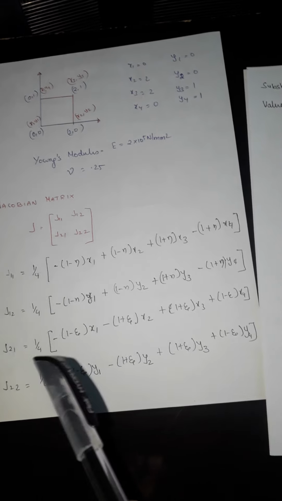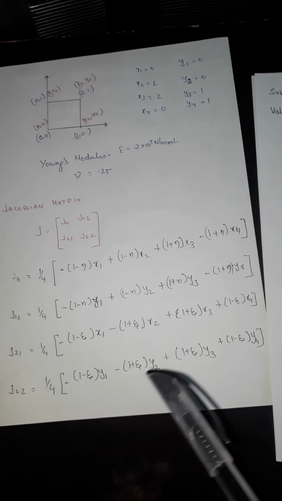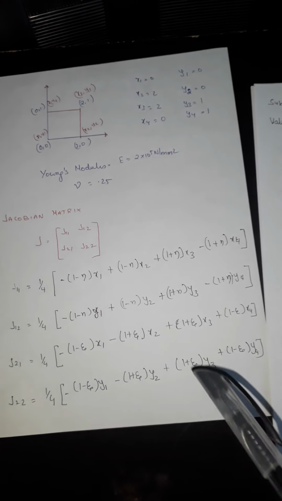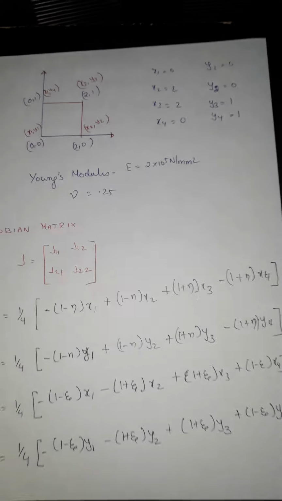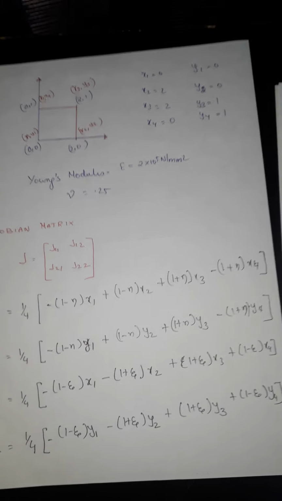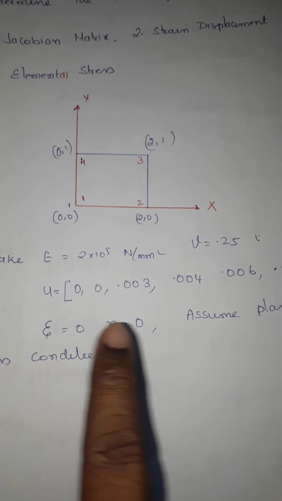Instead of x you put y, the same thing: minus (1 minus epsilon) y1 minus (1 plus epsilon) y2 plus (1 plus epsilon) y3 and so on. You just memorize this. The first row, J11 and J12, indicates the eta coordinates, and J21 and J22 indicate the epsilon coordinates. Now we have to find these values. Eta and epsilon values are given: eta is equal to 0, epsilon is equal to 0.